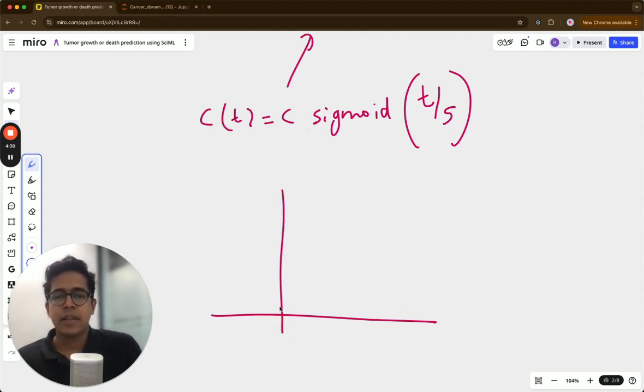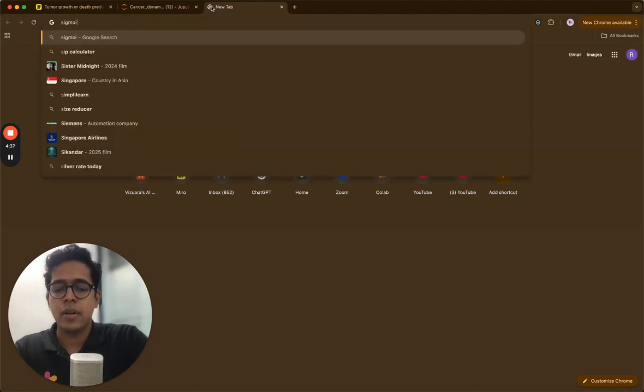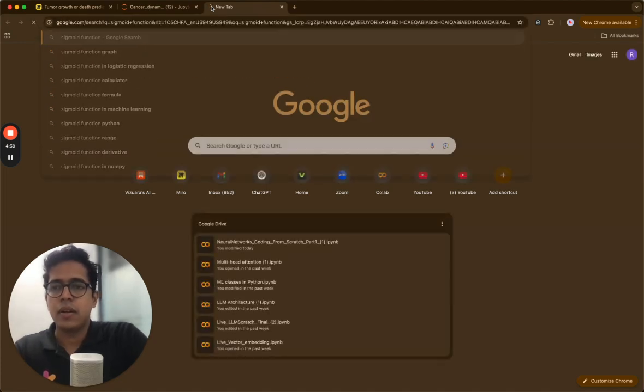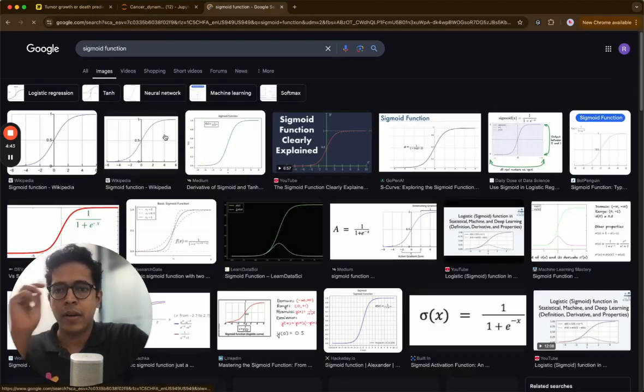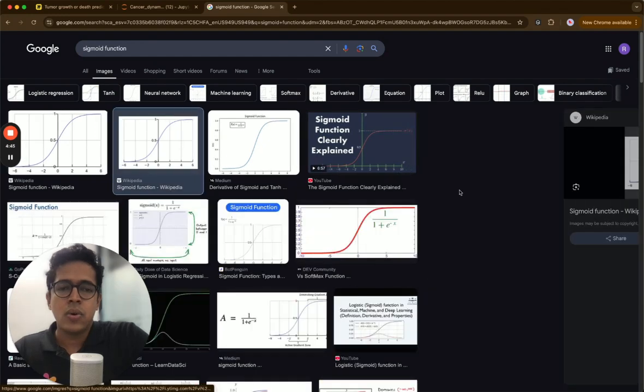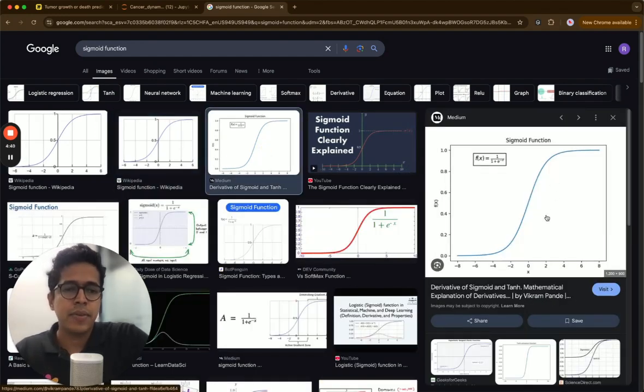It looks something like this shape between 0 and 1. So let me show you the sigmoid function. This is the equation of sigmoid function, s of x equal to 1 by 1 plus e raised to minus x. For all values of input x from minus infinity to plus infinity, sigmoid will change its value from 0 to 1.